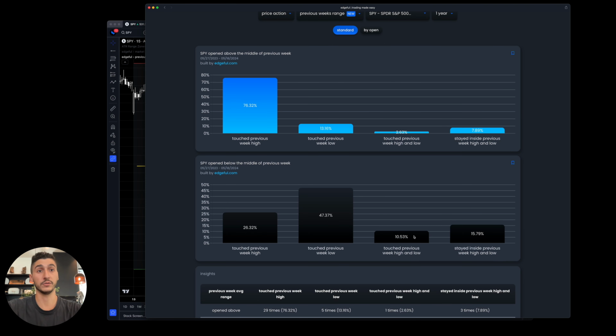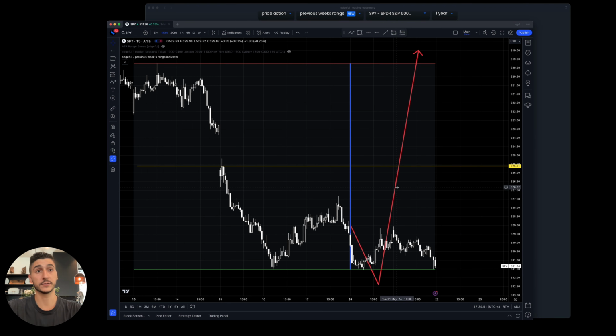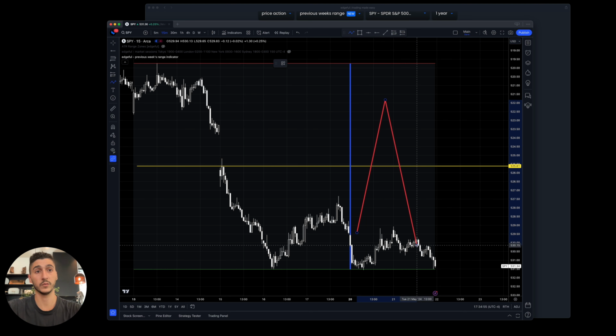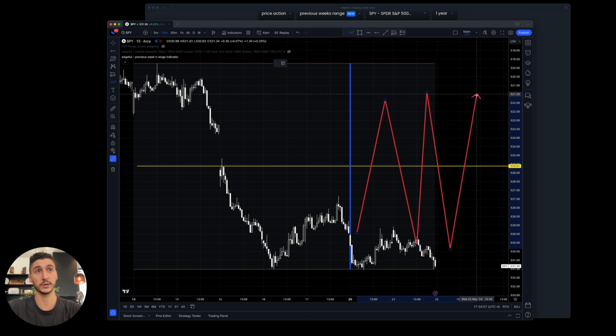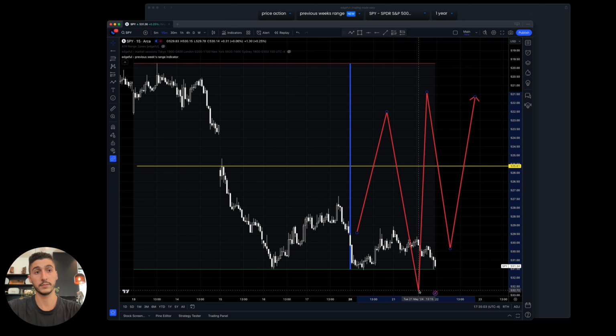Extremely unlikely. So you do not want to bank on touching both sides. And then also, a little bit more often than above, but still extremely rare, is for us to stay within the previous week's range this week. So you want to expect price to touch either the high or the low, at least one.